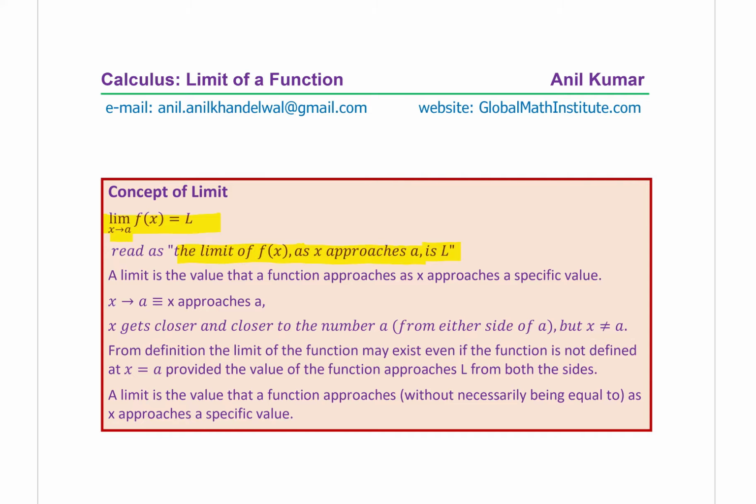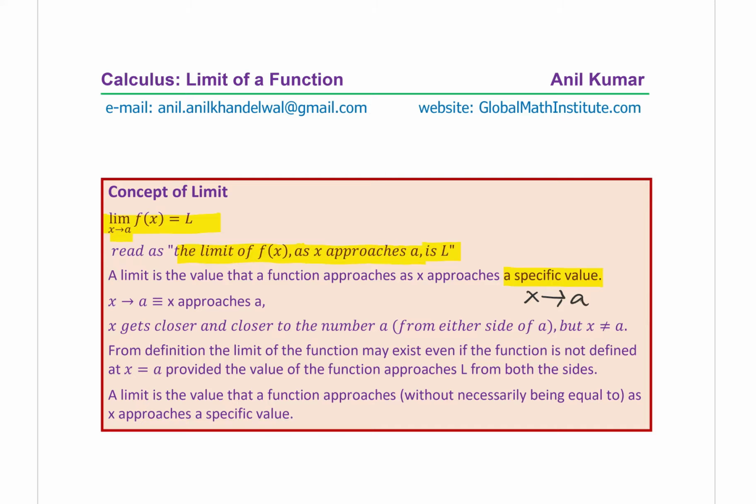Now, let's try to understand the different terms which we are talking about in this particular definition. A limit is the value that the function approaches as x approaches a specific value. So, a is a specific value, correct? So in this particular case, when we say a specific value, we mean the value a, right? That means when x is approaching a, that's what we mean.